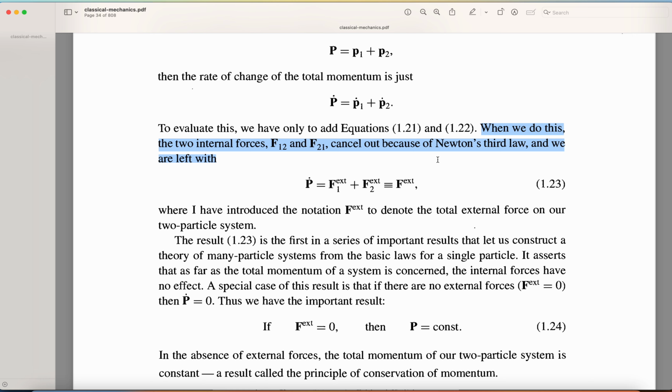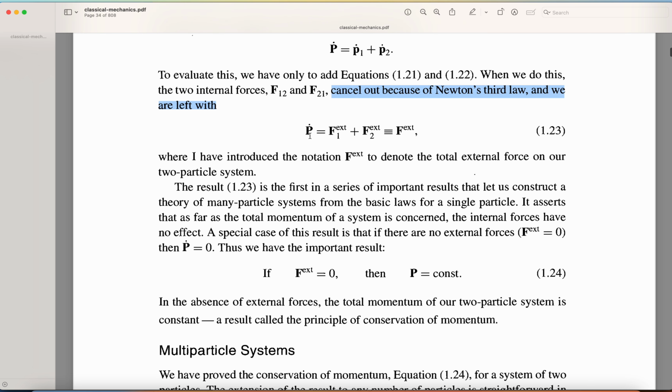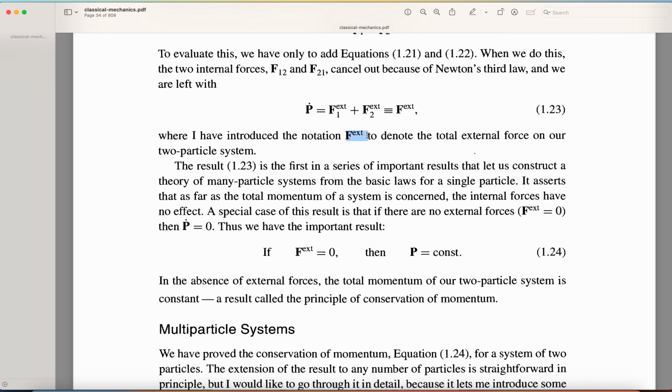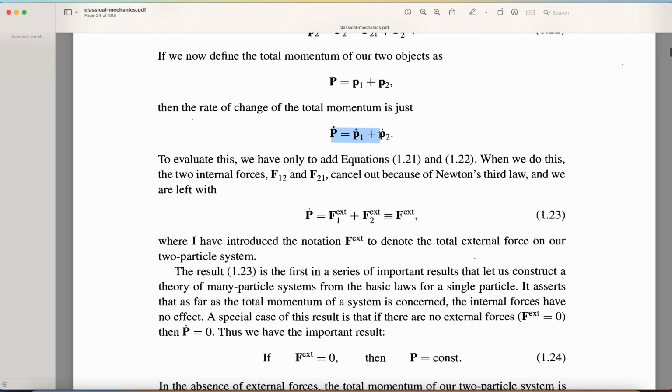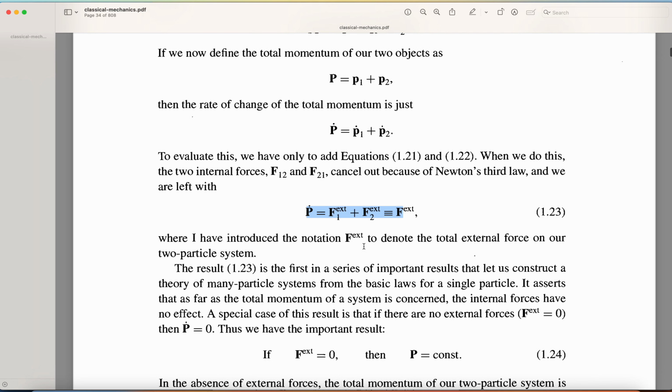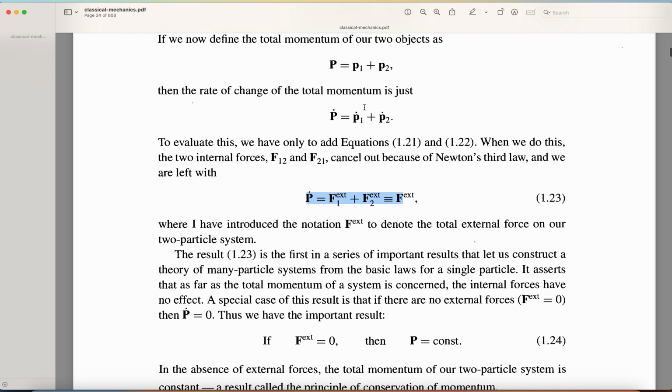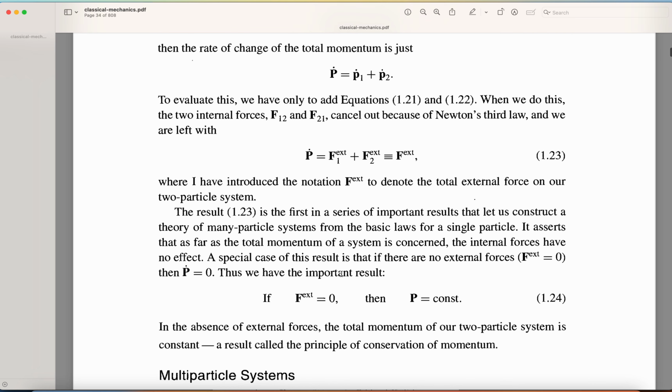These two cancel out because of Newton's law. Because these two are opposite, you're left with the external forces only. So in the end, the total momentum is only impacted by the external force. It's not impacted by the interactions within the system.